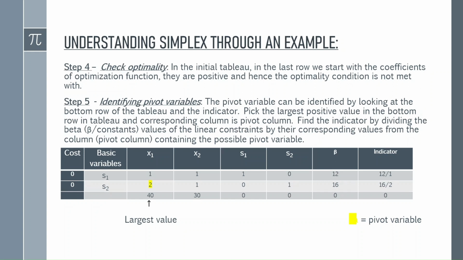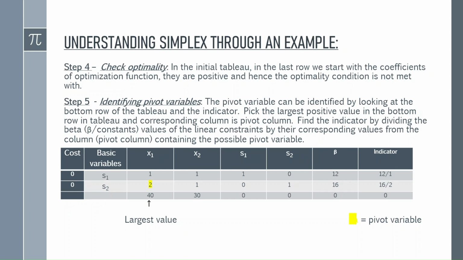So for the first one, slack variable s1, the beta value is 12 and we divide it with the corresponding value in the pivot column. That is the column containing the largest value in the last row.